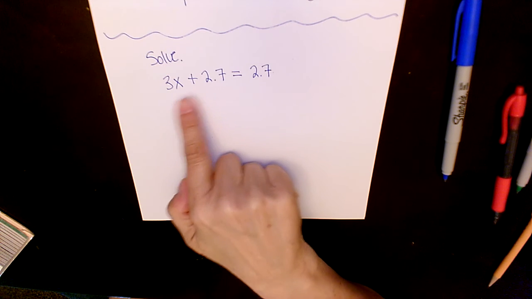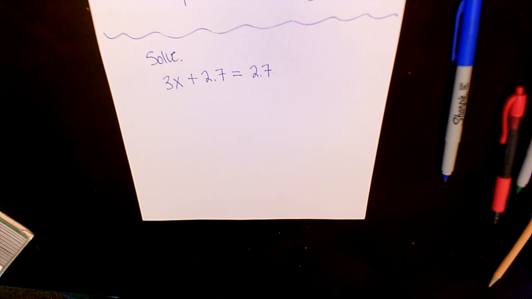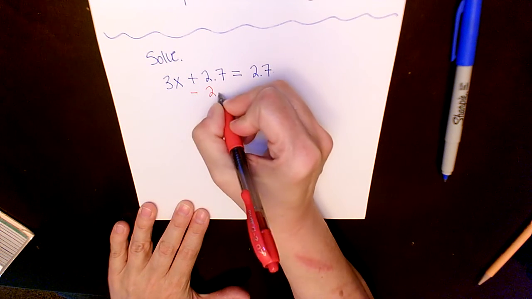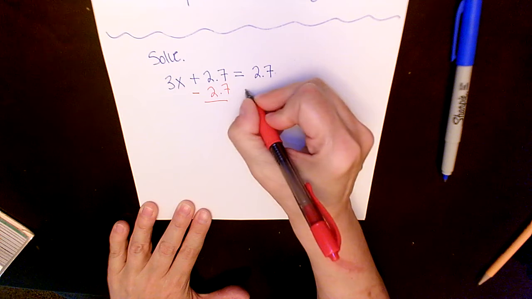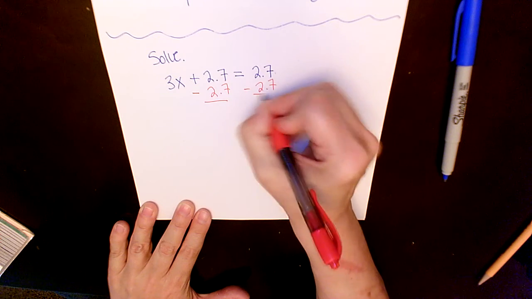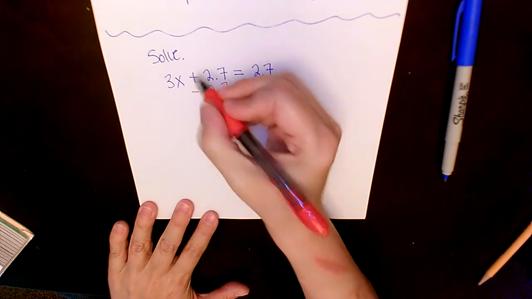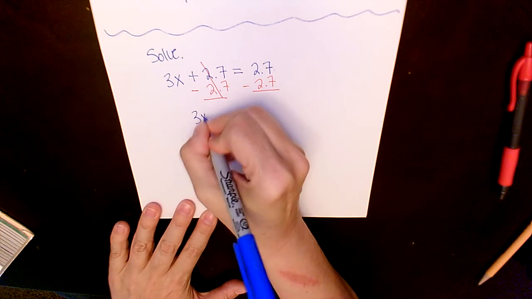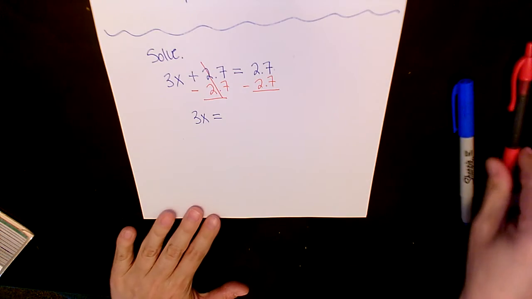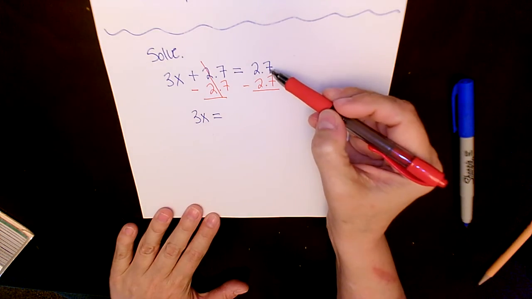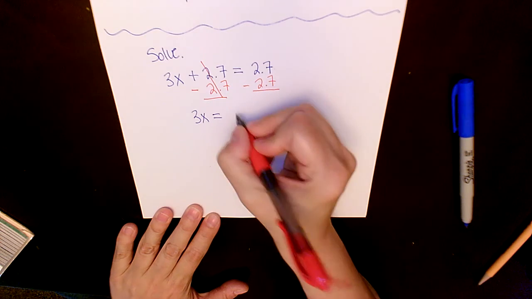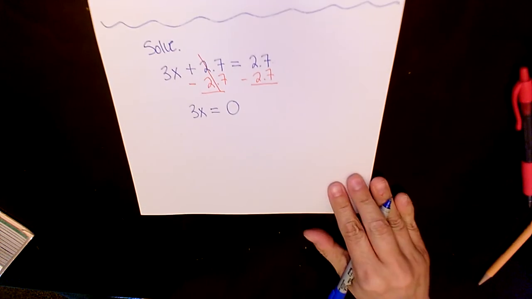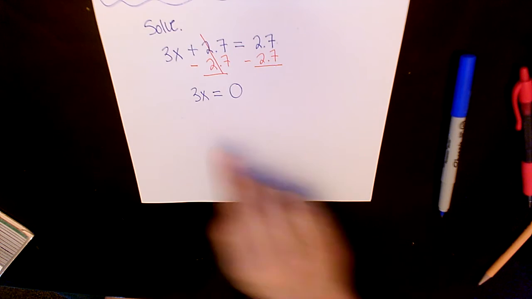So I'm going to start over here, and how do I get rid of that positive 2.7? Well, I'm going to subtract 2.7 from both sides. And these are going to cancel. I'm going to bring the 3x down. And on this side, 2.7 minus 2.7, that's just 0.